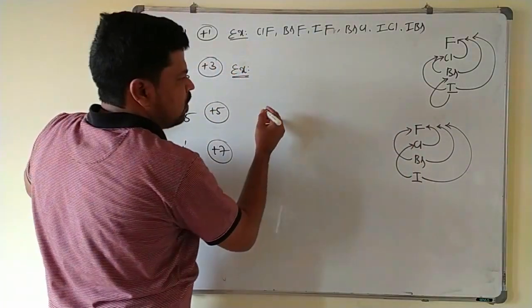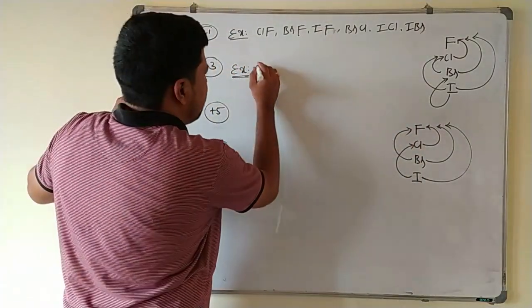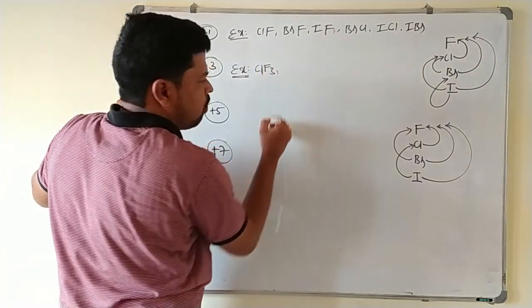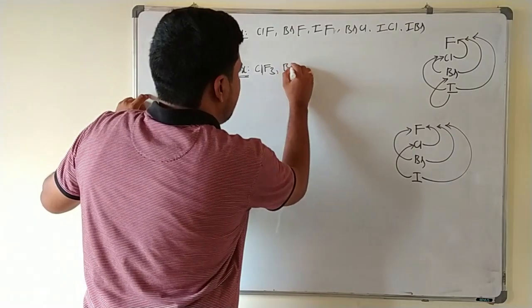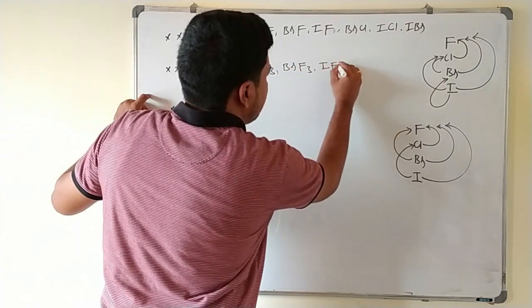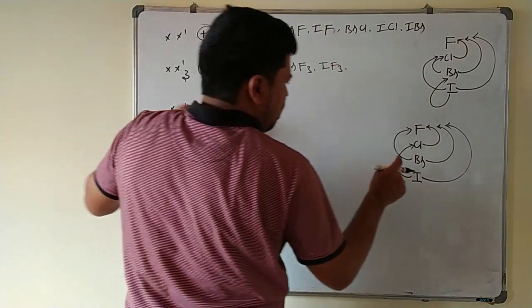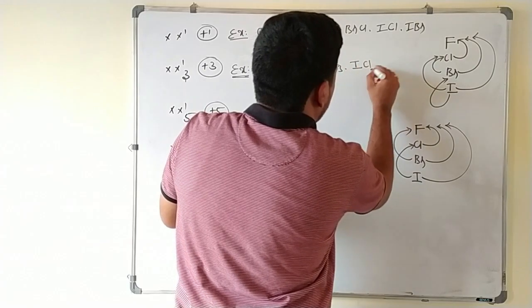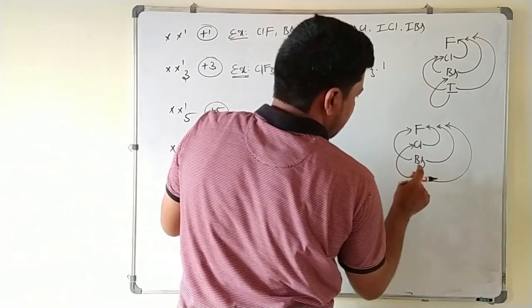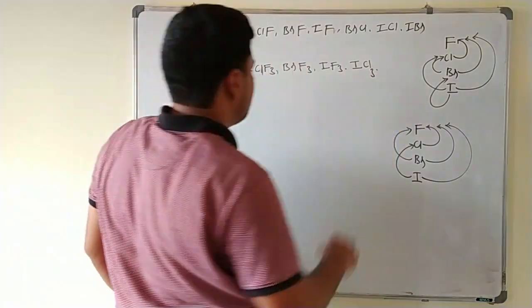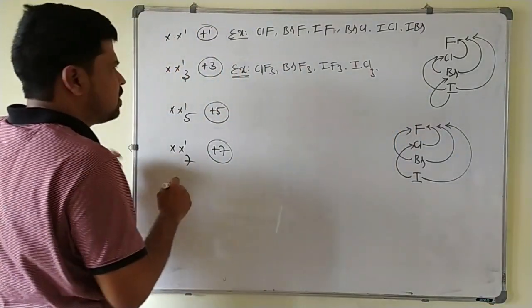So the examples are ClF3, BrF3, IF3, ICl3.